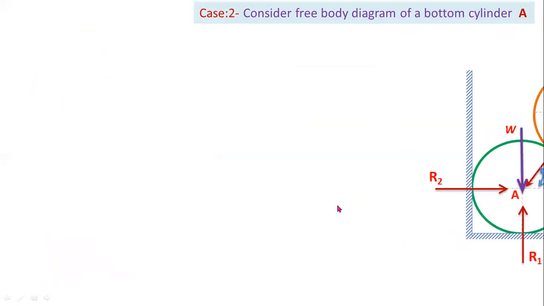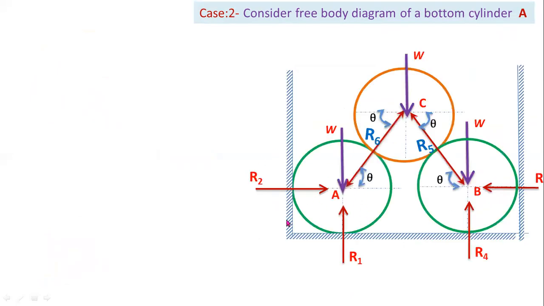In a similar way, consider the free body diagram of the bottom cylinder A. Cylinder A. In the second case, you have to consider this cylinder. There are four forces, so we can't apply Lami's theorem. For three forces only, we have to use Lami's theorem.